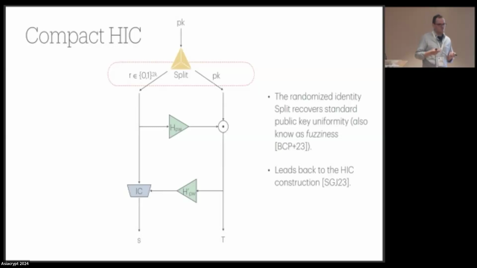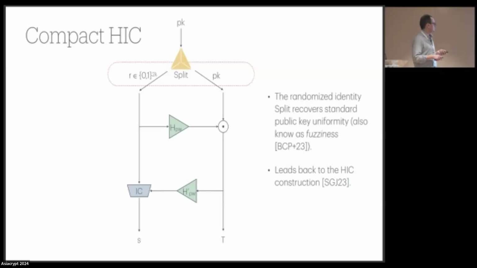One interesting thing about this approach is that we can now consider a split function that does not have to be deterministic. We can even consider a split function that allows it to be randomized. In particular, if we have the split function that simply puts the identity on the right wire and some truly random coins on the left wire, we essentially recover the half-ideal cipher construction that was proposed.